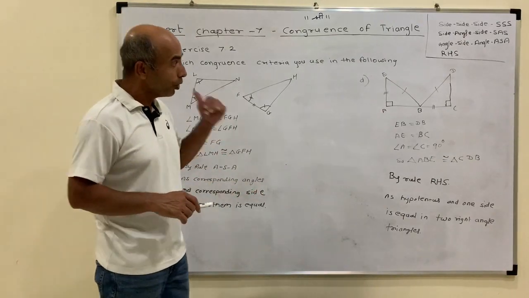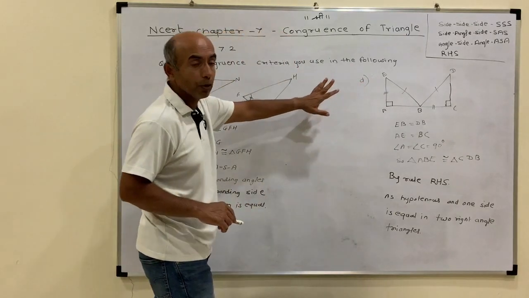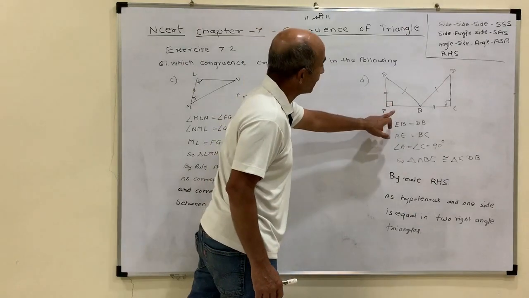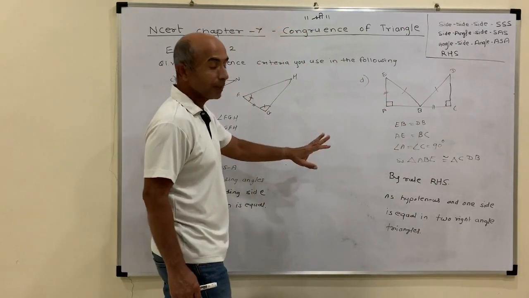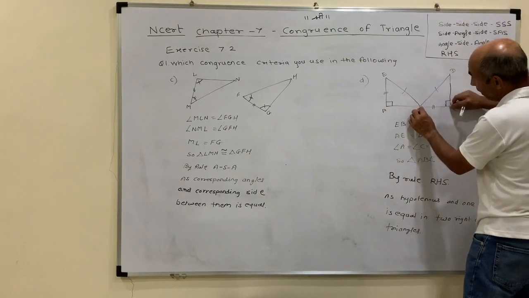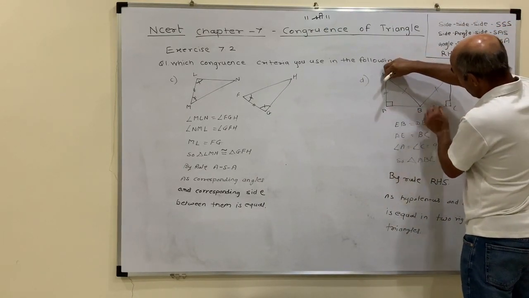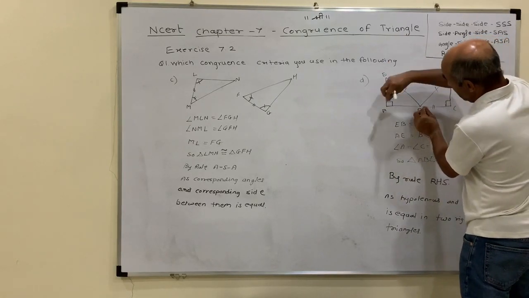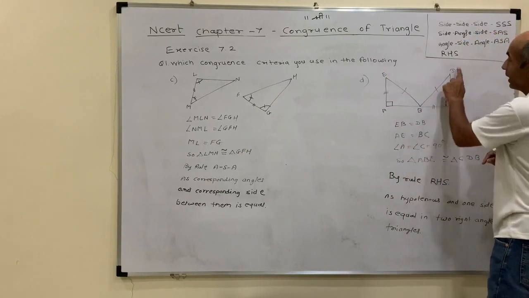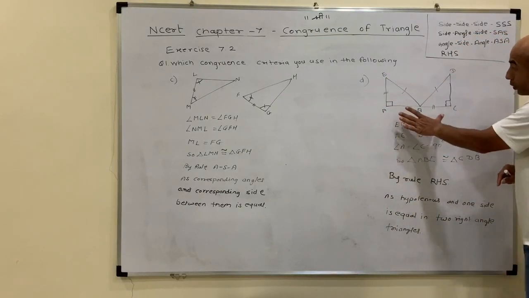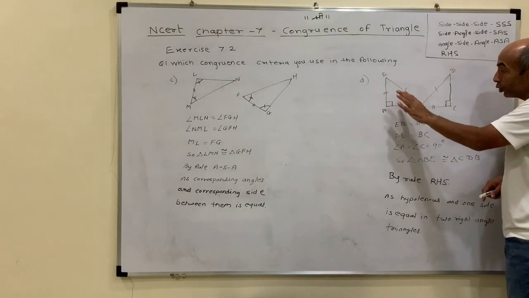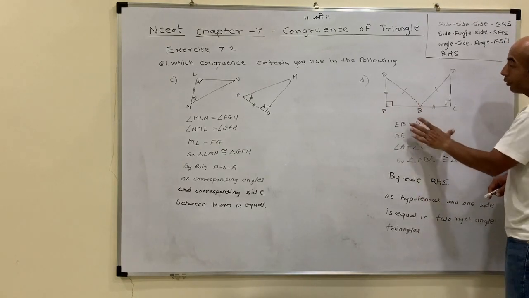Don't rush, or conclude only by looking at the diagram, because you may make a mistake. With this kind of sketch, you expect that AB is equal to BC, but that's not the case. If I turn this, my D will come here and my A will come here. So don't just look at the diagram and conclude whether they are congruent or not.